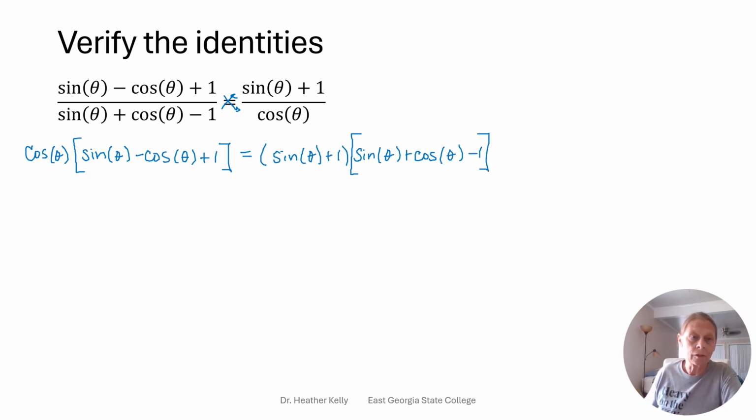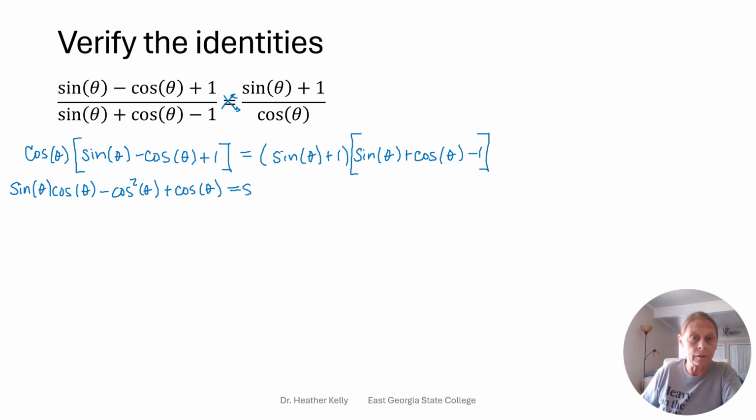All right, so I'm just going to distribute on this side here. So I'm going to have sine theta cosine theta minus cosine squared theta plus cosine theta equals, and here on this side we're going to have to FOIL distribute it, right?